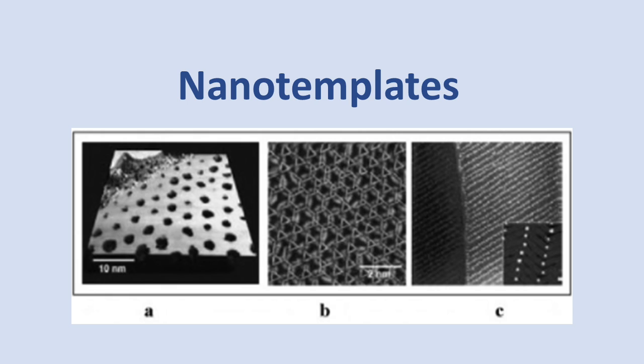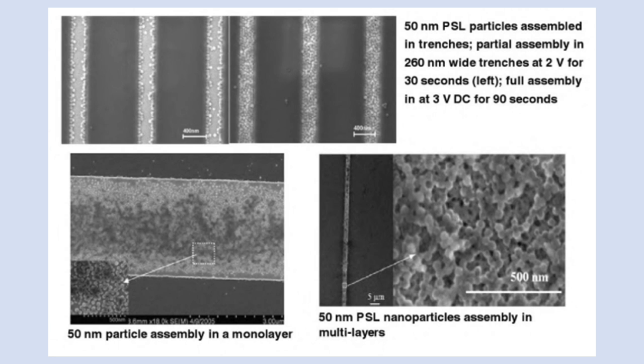The assembly process can be controlled by altering the applied voltage, assembly time, and/or the geometric design of the templates. These controls can produce monolayers or multilayers, as well as full or partial nanoparticle assemblies. This approach presents the possibility of an effective and efficient means of nanoscale directed self-assembly over a large production scale.